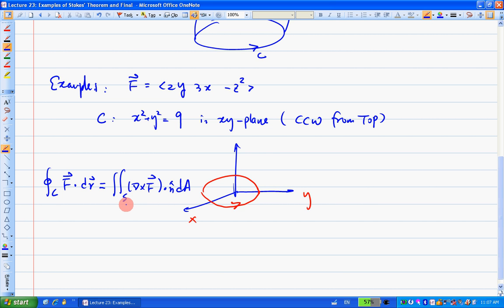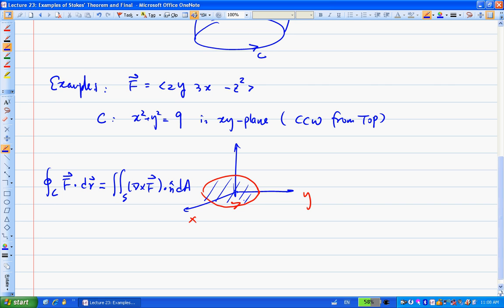As a matter of fact, as we were talking about in the last lecture, Stokes Theorem is surface independent. Given a smooth closed curve C, you can have an infinite number of surfaces enclosed by the curve C. For example, you can have a surface right here, you can have any surface here, but there is one very simple surface in this particular case, which is what?